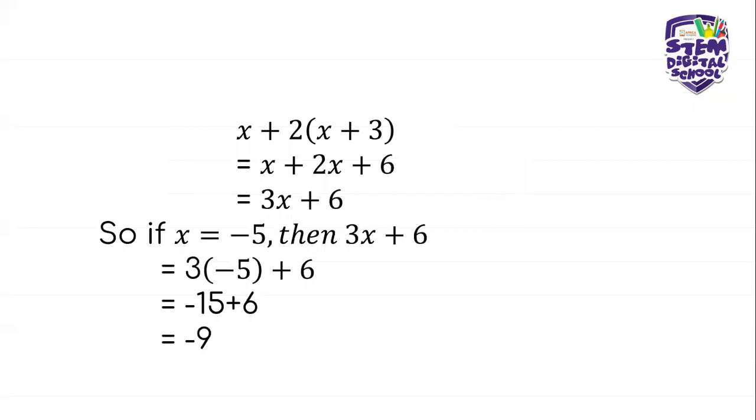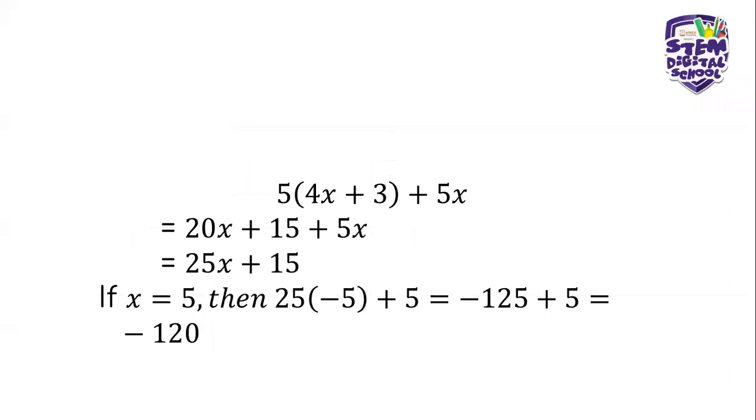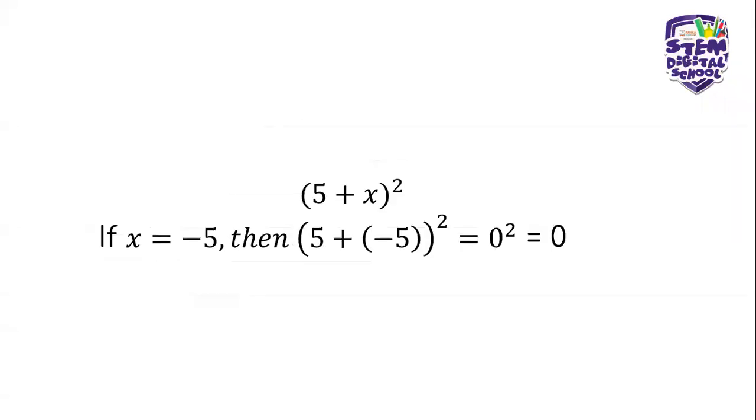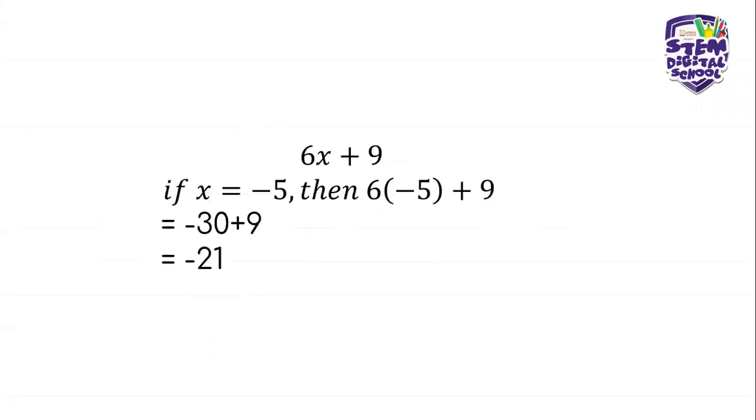So you can see that we have just calculated now. The first one there, negative 9, that's what you got. And then the second one is negative 225, negative 27, and then the last one there was negative 21.